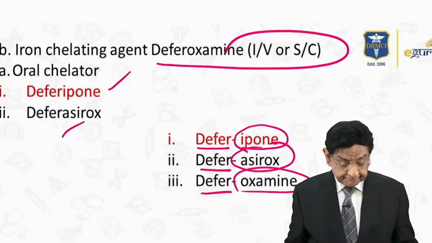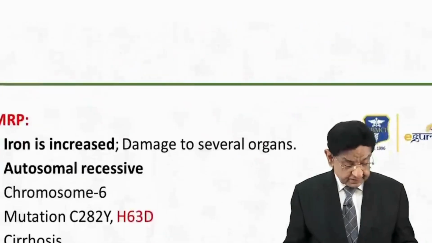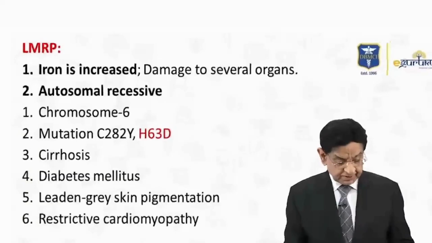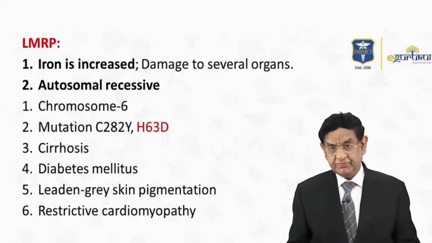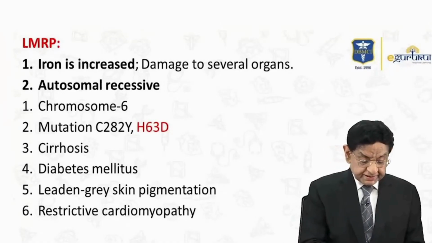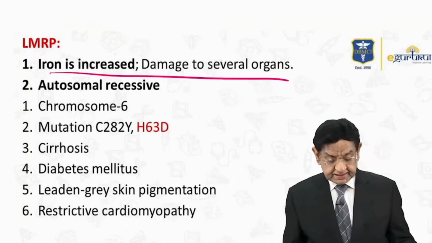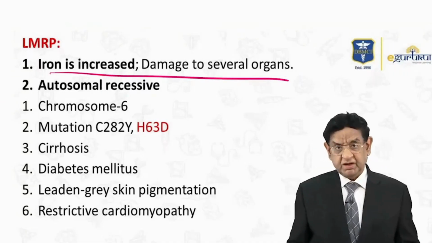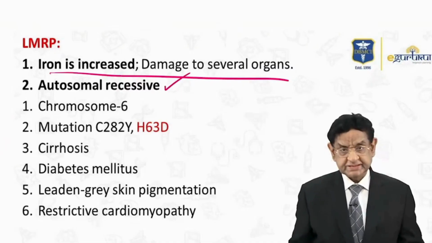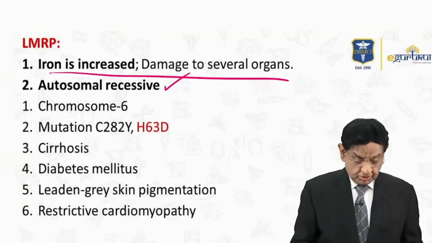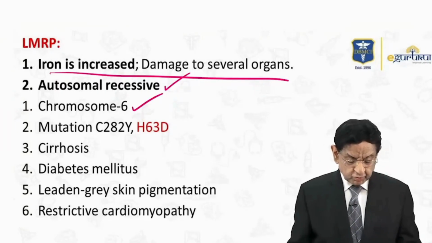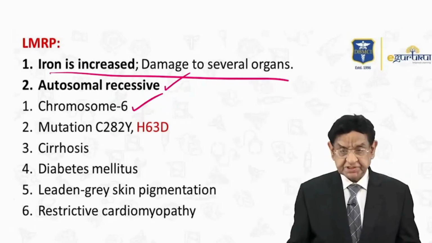Well, so this is how we are going to manage. A quick recap of hemochromatosis. Iron is increased and that leads to damage to several organs. It is autosomal recessive. Chromosome 6 is involved, mutation in C282Y or H63D.